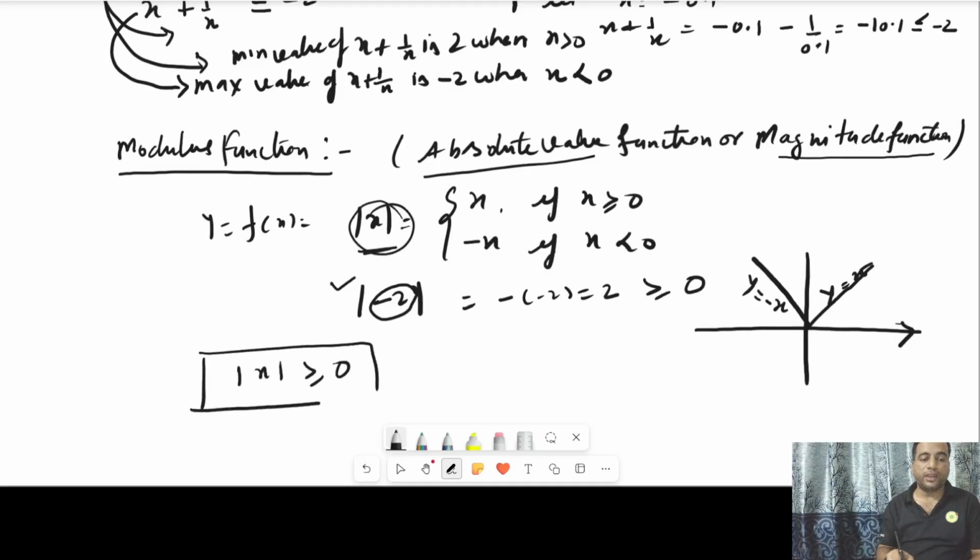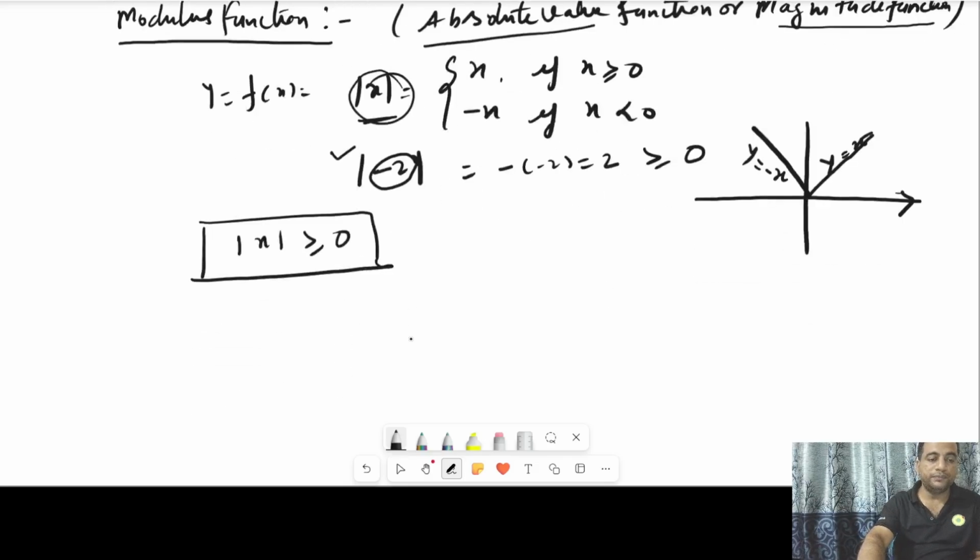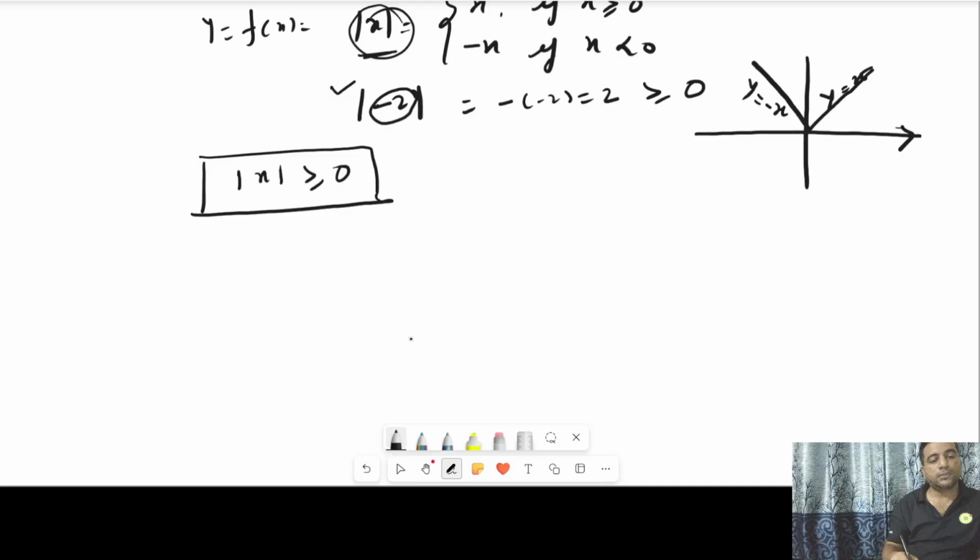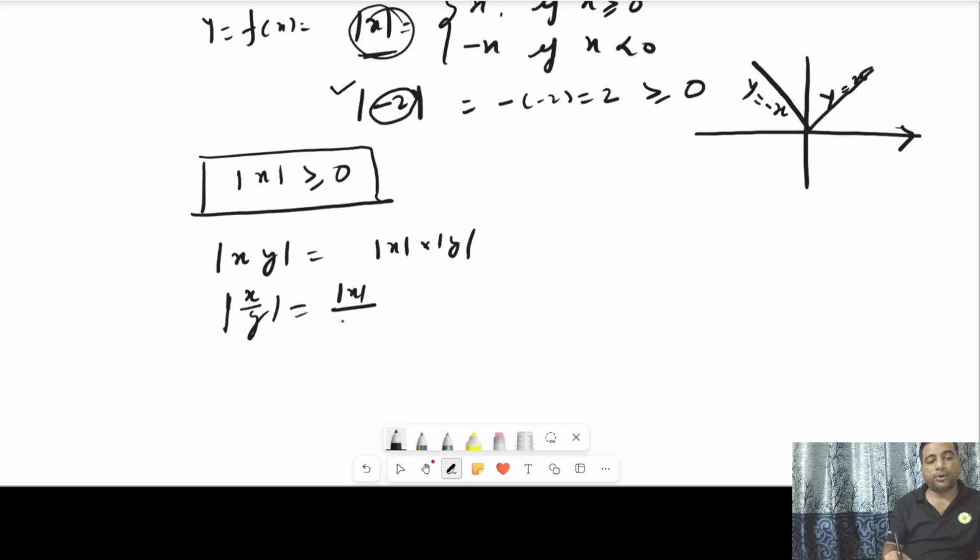So the modulus of any number or any function is always non-negative. But mod of x into y is equal to mod x into mod y, and mod of x upon y is equal to mod x upon mod y.